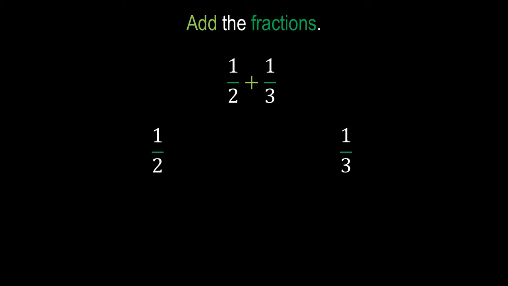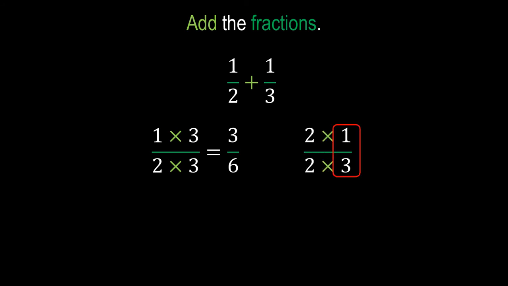If we multiply the numerator and denominator of 1/2 by 3, we can see that 1/2 is equal to 3/6. And if we multiply the denominator and numerator of 1/3 by 2, we can see that 1/3 is equal to 2/6.